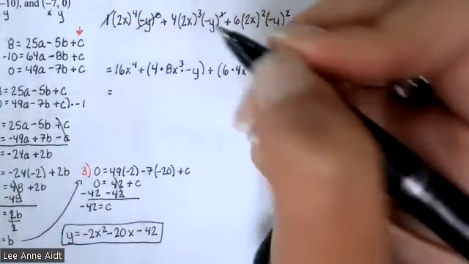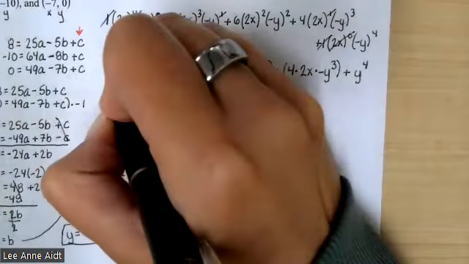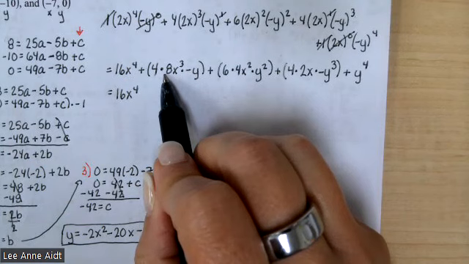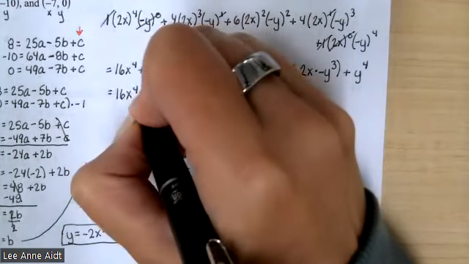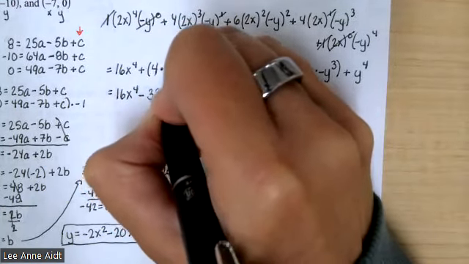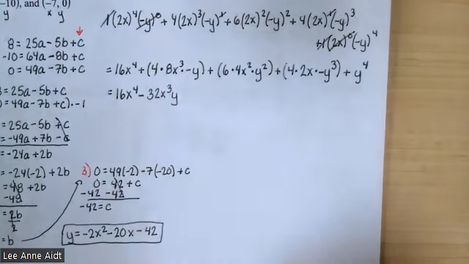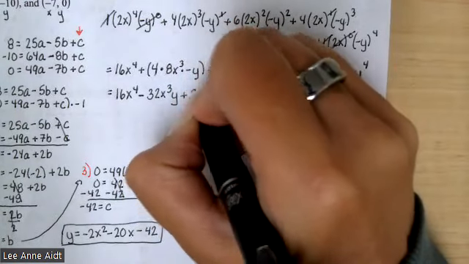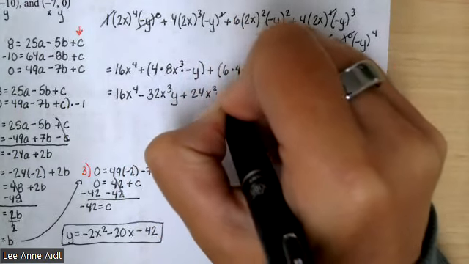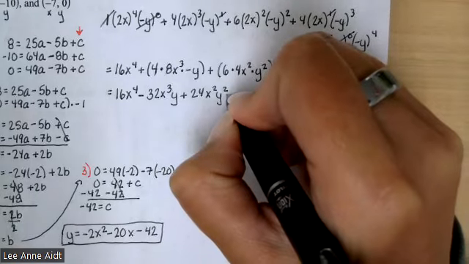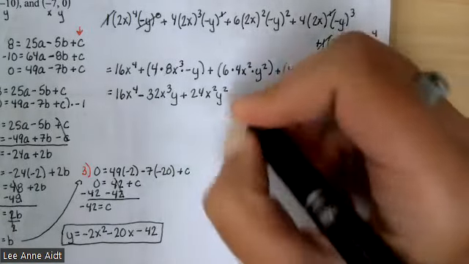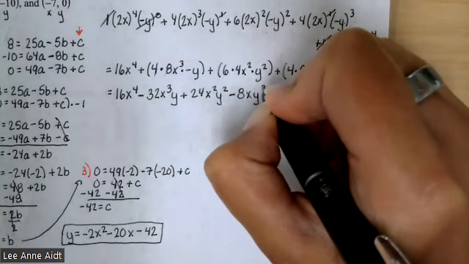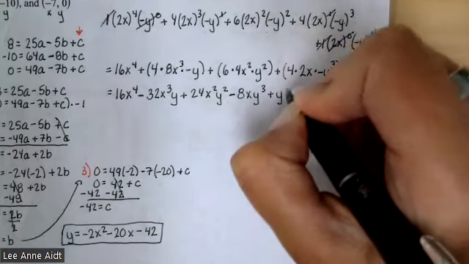Last thing, and then we're done. 16x to the 4th. So this is 4 times 8 is 32 times negative 1 is minus 32 x cubed y. 6 times 4 is 24 x squared y squared. 4 times 2 is 8 times negative 1 is negative 8 xy cubed plus y to the 4th.